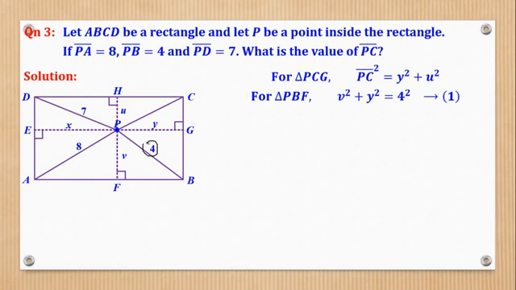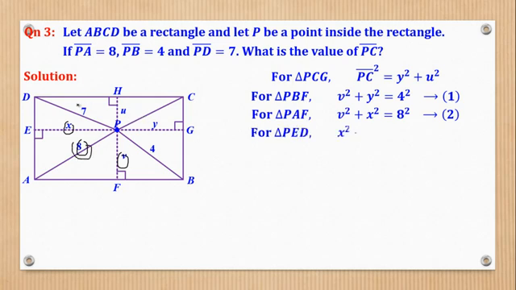Using this as hypotenuse, it means y squared plus v squared is equal to 4 squared. What about when I use this as hypotenuse? It means x squared plus v squared is equal to 8 squared. Then what about when I use this? It means x squared plus u squared is equal to 7 squared.